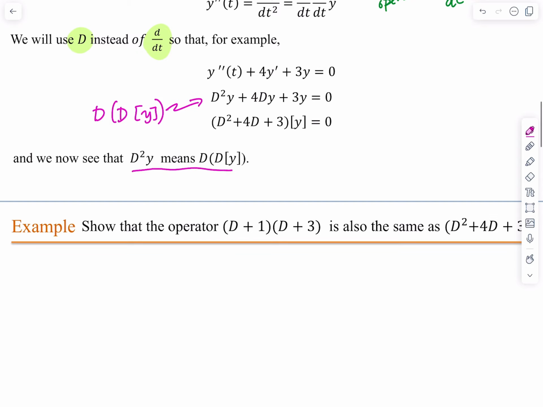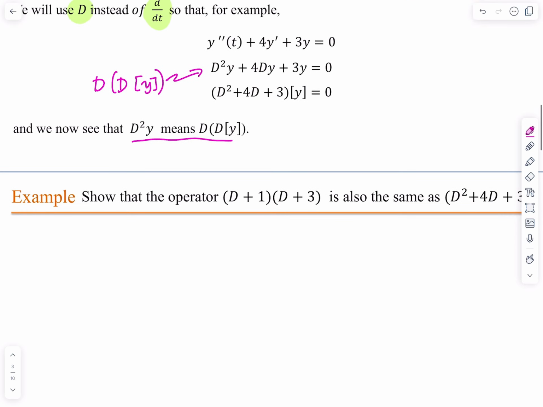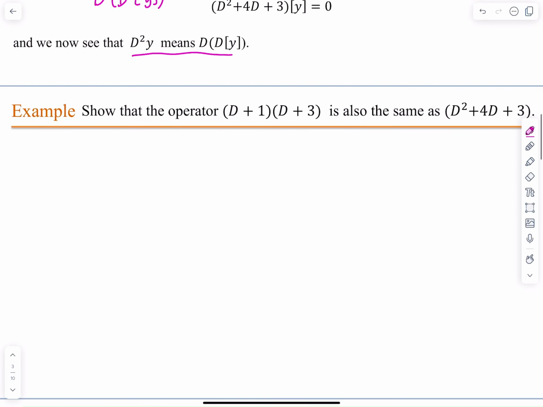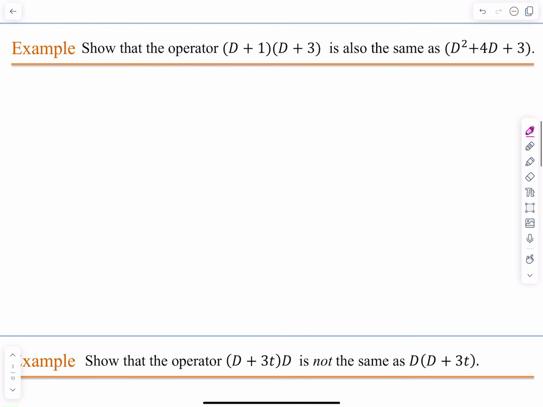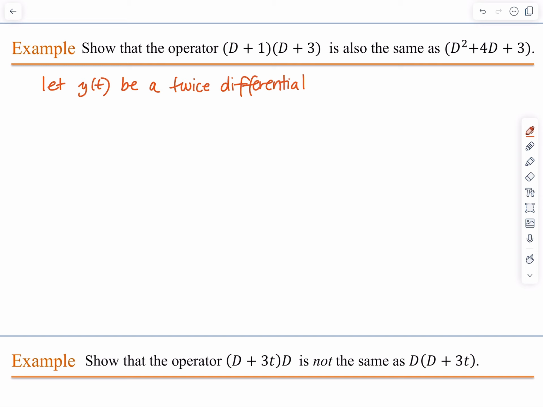Okay, so let's go ahead and just try an example and jump right into this. Show that the operator D plus 1 multiplied by D plus 3, so we're just working with the operators here in the question, is also the same as D squared plus 4D plus 3. So of course, if we have a twice differentiable function, let's just go ahead and write that. Let y of t be a twice differentiable function.